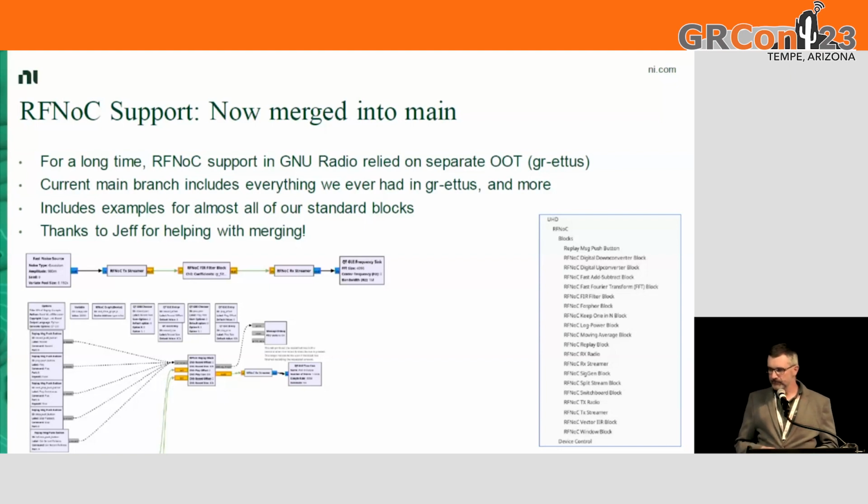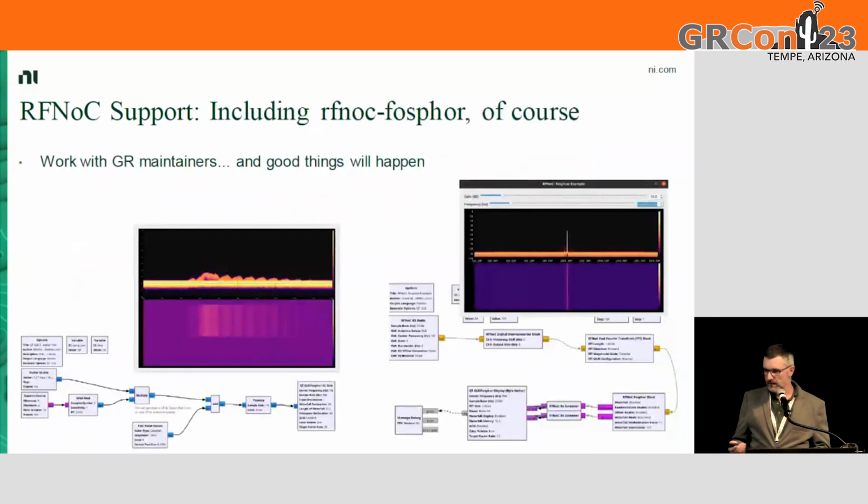And one thing I want to point out is that Jeff, our MC, who just introduced me, was very helpful, giving us appropriate feedback on the whole upstreaming thing, because now we are moving our code into the common GNU Radio code base. With RFNoC and our blocks and our demos, there's one thing that stands out a little, which is Phosphor.